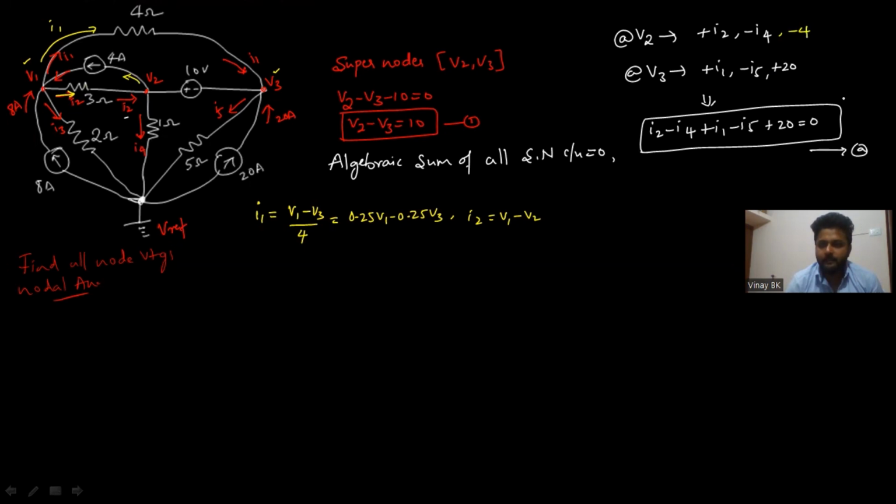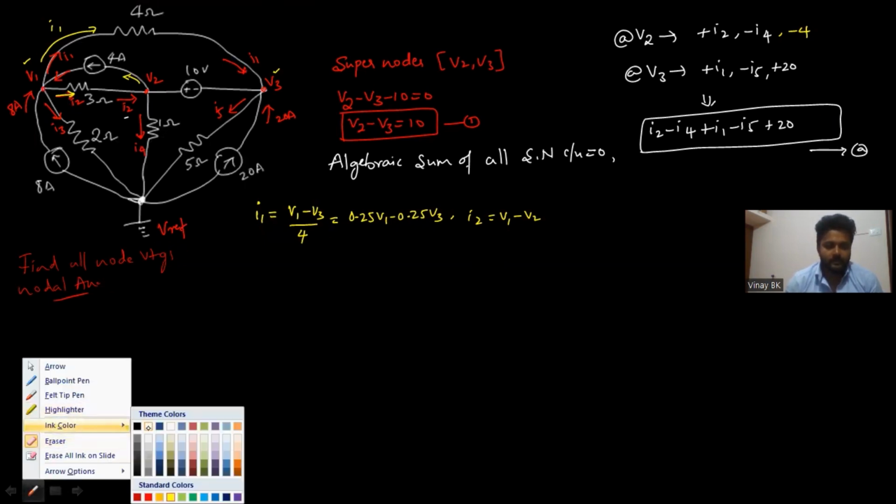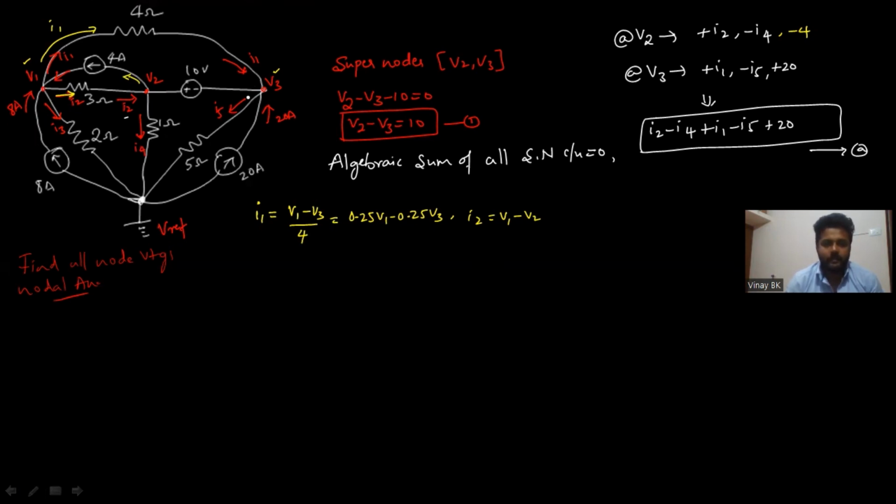I forgot to write at V2 supernode. So at V2, I2 is entering, I4 is entering, 4 ampere is leaving, so minus 4 equals 0.